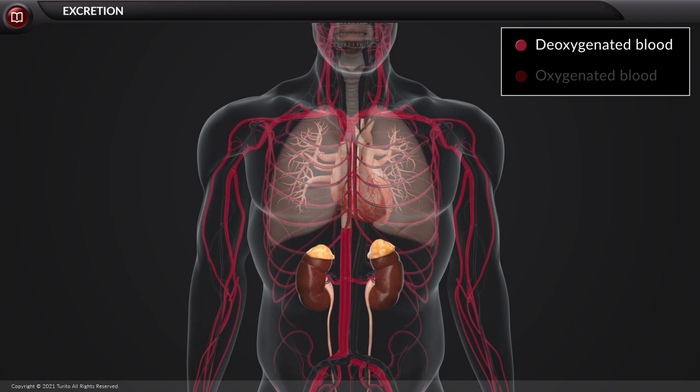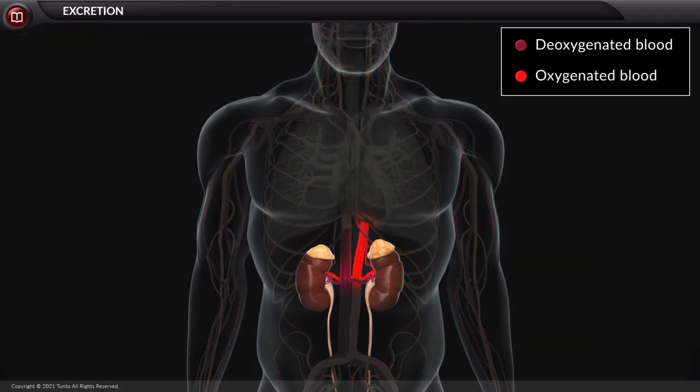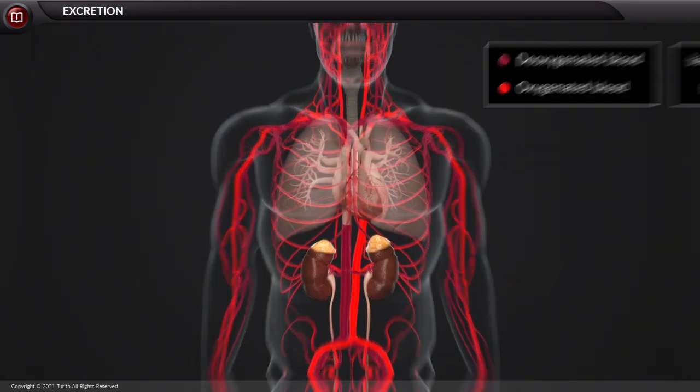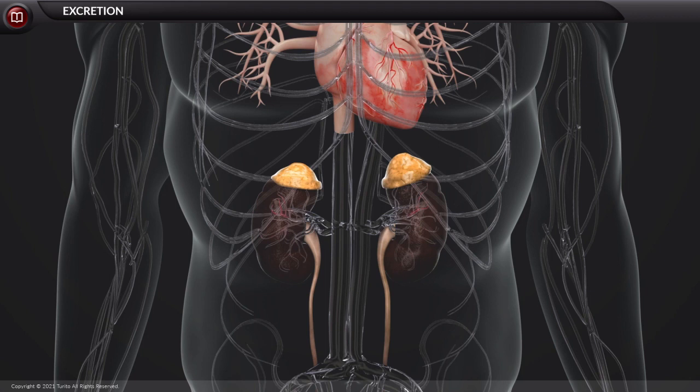Then this oxygenated blood with the nitrogenous waste is pumped to each part of the body, where it is specifically collected by the kidney through the renal artery. There is filtration of blood and elimination of the nitrogenous waste in the kidney, and the deoxygenated blood, which is without any nitrogenous waste, is pumped back to the heart through the renal vein. So in this process we see that there is elimination of the nitrogenous waste.